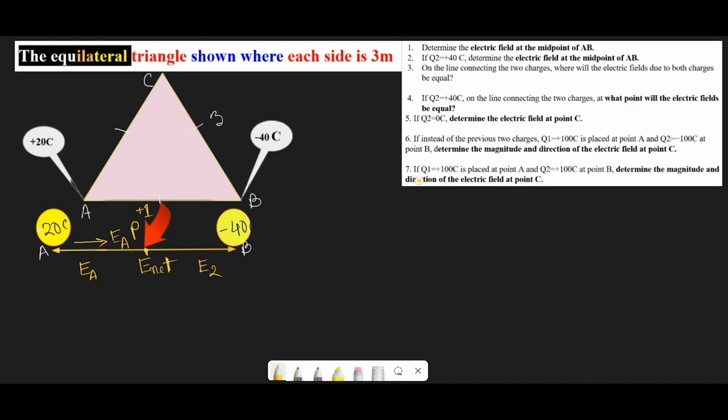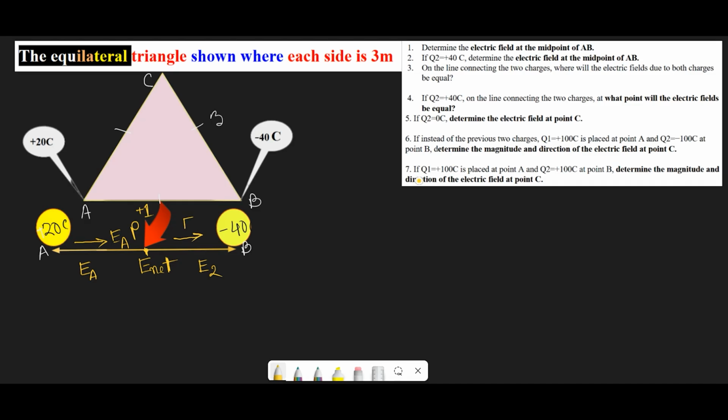And at B point, the charge is minus 40 coulomb, and at P is plus 1 coulomb. It means they are attracted to each other. And obviously, minus 40 is larger compared to the plus 1 positive charge or test charge or point charge, which is attracted by the minus 40 coulomb at point B. In that case, this point charge will be in this direction.